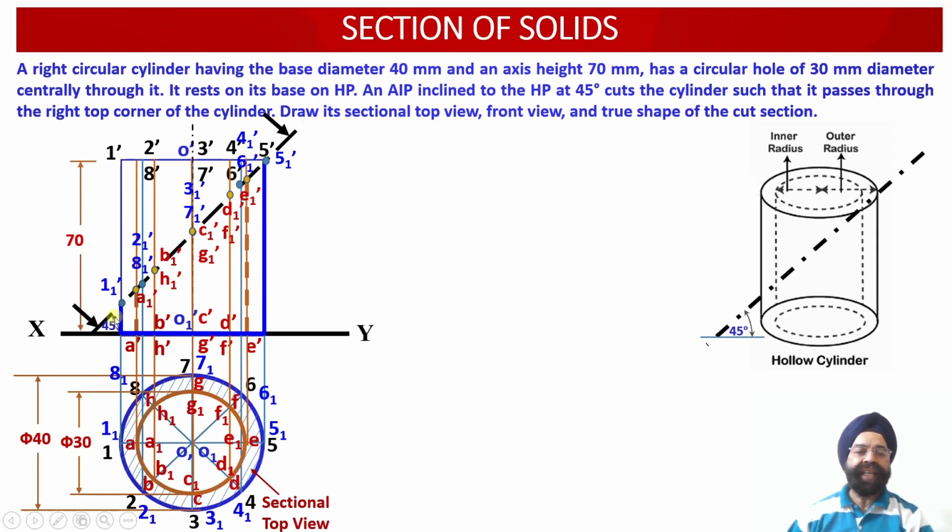Since this cutting plane is inclined to the horizontal plane, the top view projection which we have obtained corresponding to this cut section of the cylinder is the apparent shape projection of this cylinder, which we are able to obtain over here in the sectional top view.